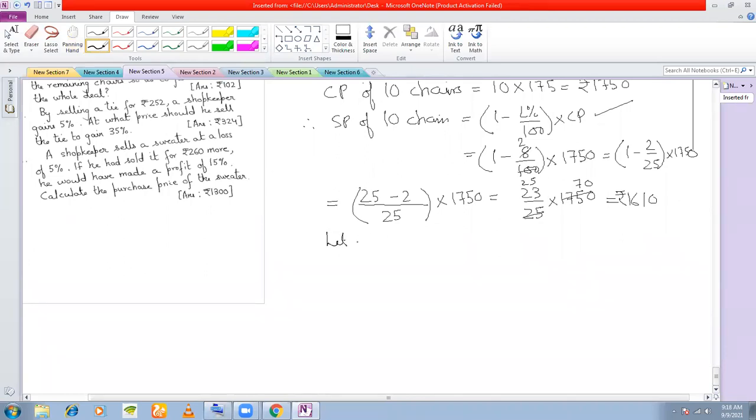So I say let the selling price of each of the remaining 30 shares be X. Therefore, what is the selling price of 30 shares?